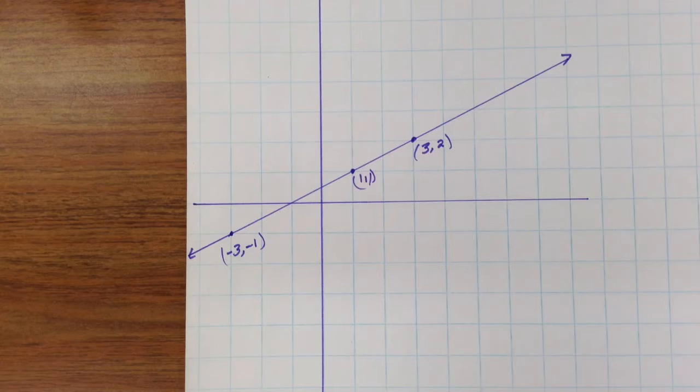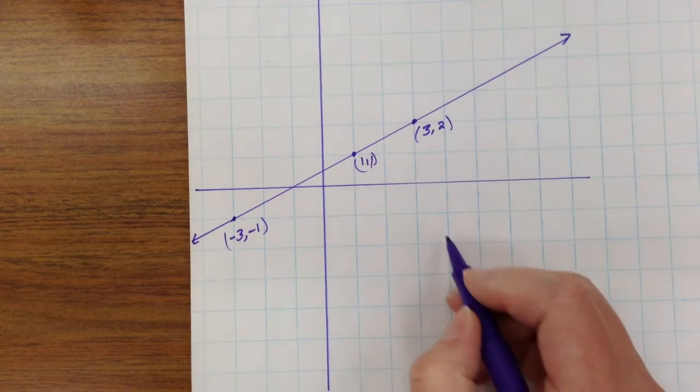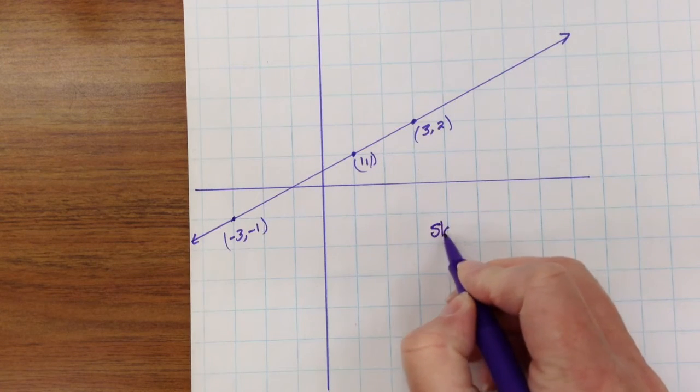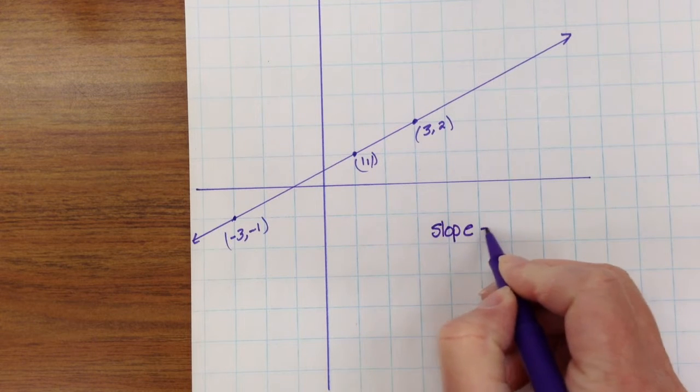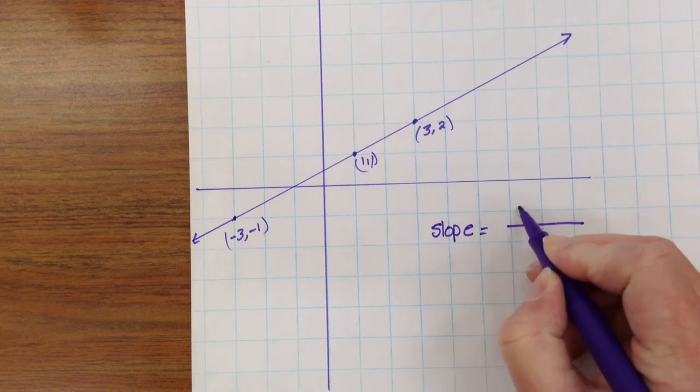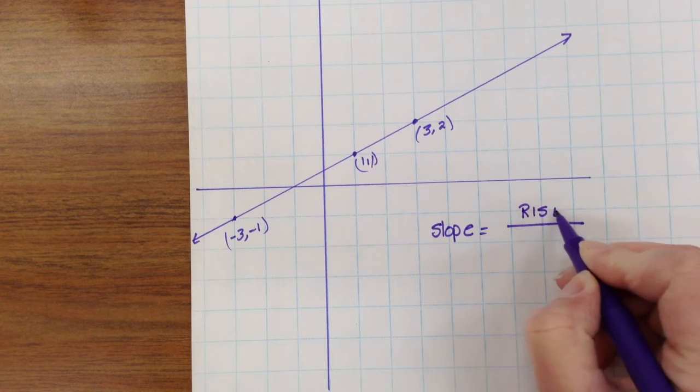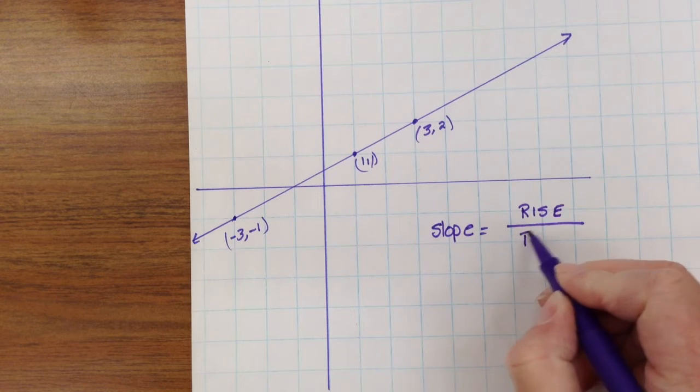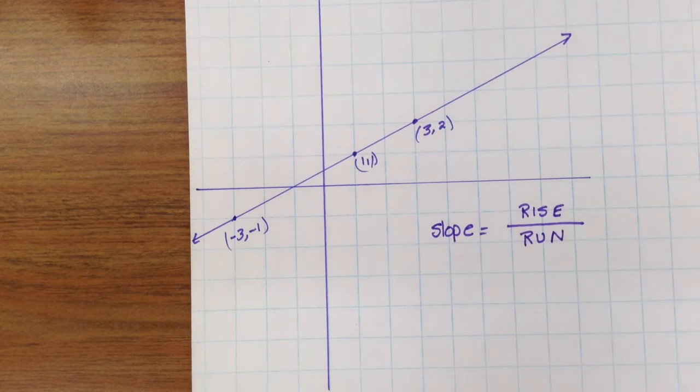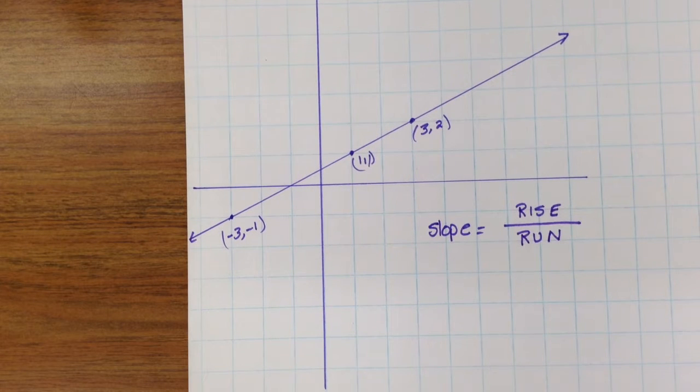Here's the first way. There's a formula. We can think of slope as how much the line rises over how much the line runs. Rise over run. Now, what the heck does that mean?